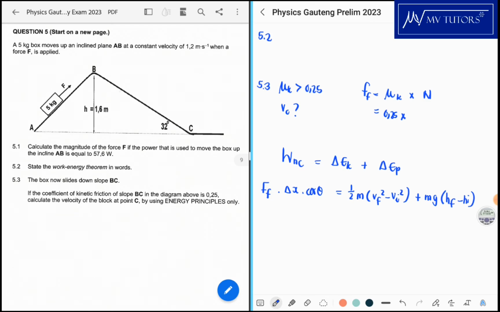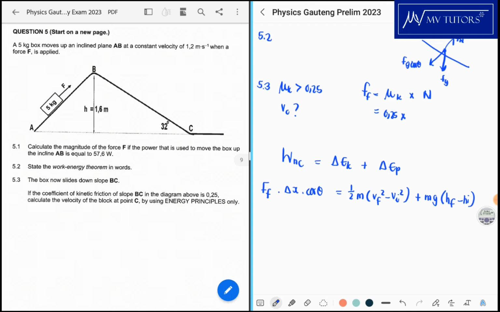On the section BC, I'm just going to draw a free body diagram over there, and that would be your Fg. That would be your normal force, and that would be Fg cos theta.